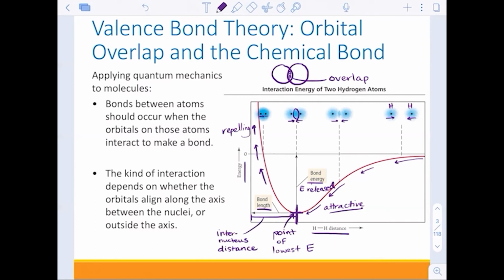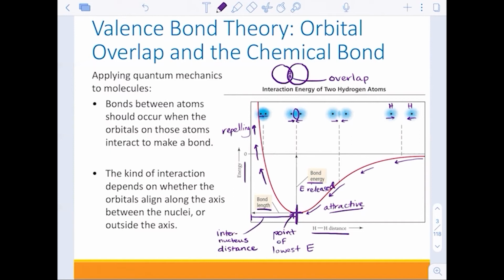And the kind of interaction depends whether the orbitals align along an axis or between the nuclei or outside the axis. So there are going to be a couple of different types of overlap. This one that looks like a Venn diagram to me is our most straightforward type of overlap. When we want to discuss the different types of overlap, that'll be more geared towards when we're ready to start discussing molecular orbital theory.